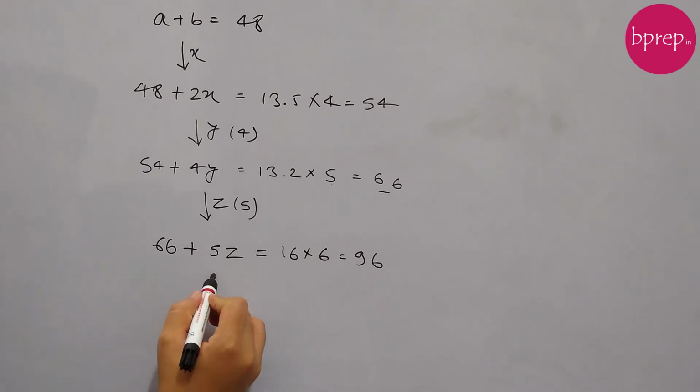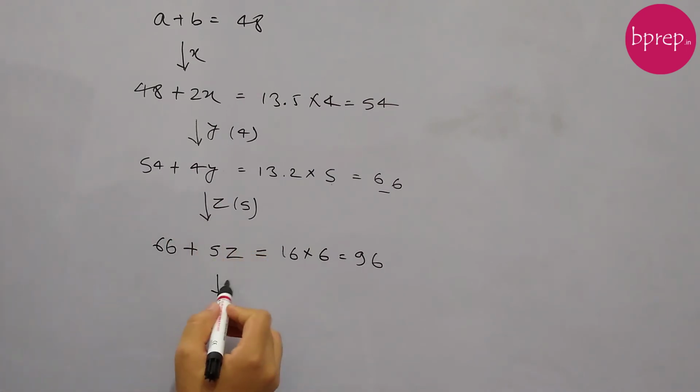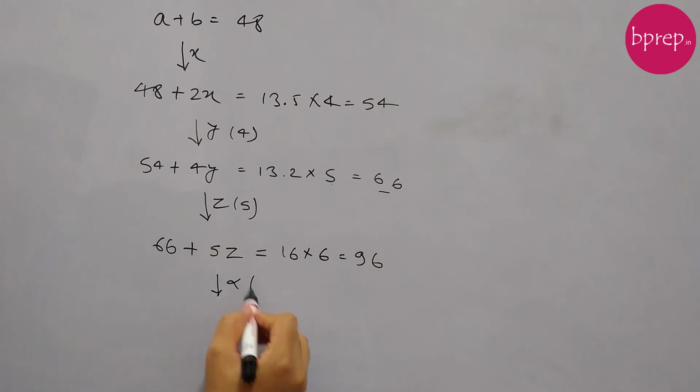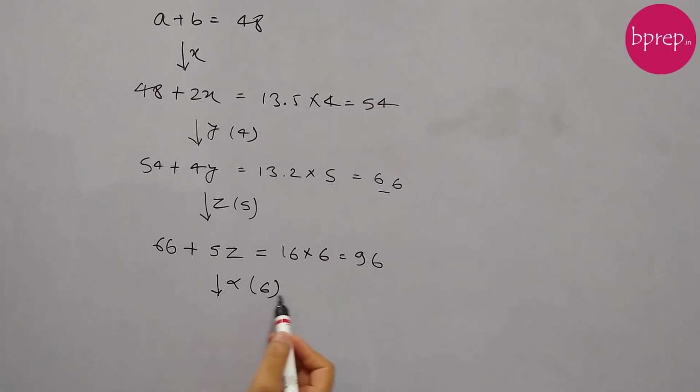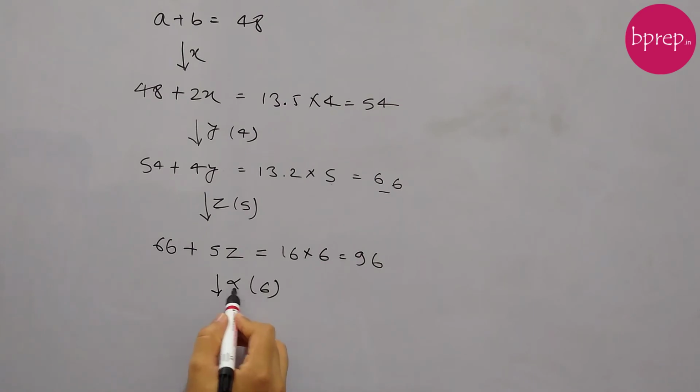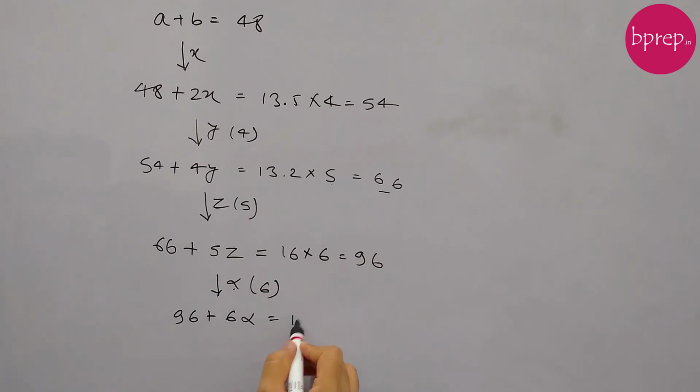And the current average age of the family is 19 years. So now after some more time, we are running out of variables, let's say alpha time, for 6 members, the current average age of the entire family is 19 years. So for 6 members, can we say after alpha time has elapsed, 96 plus 6 alpha is 114, right?